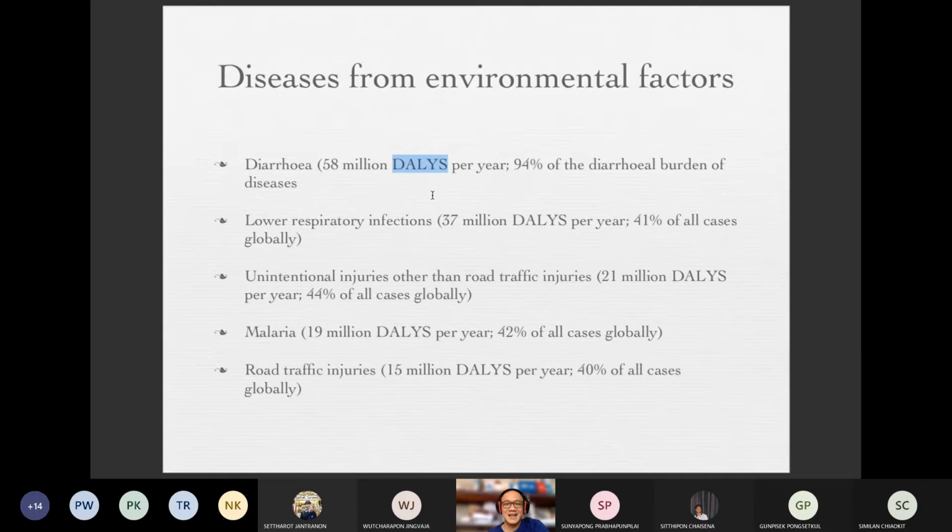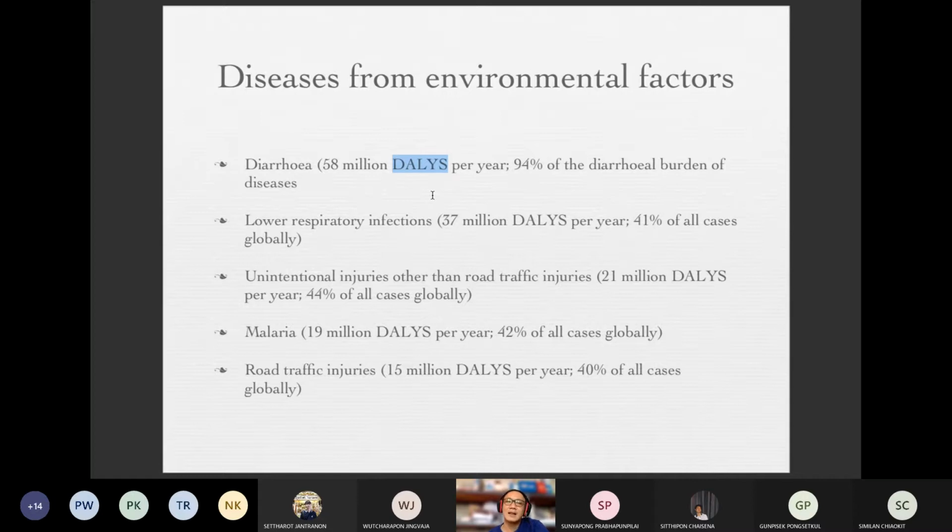Basically, the DALY, disability adjusted life year, is the measure of the disease burden. It refers to the total time lost per year, and the loss is basically due to the disease.